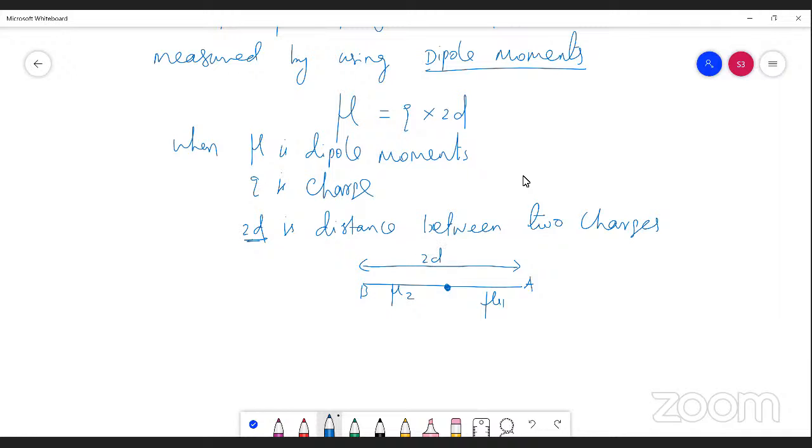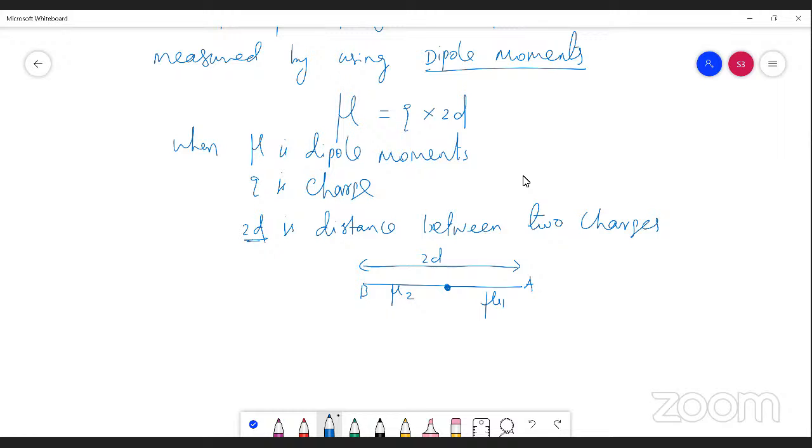So 2D is the distance between the two charges. One is mu1, another one is mu2.